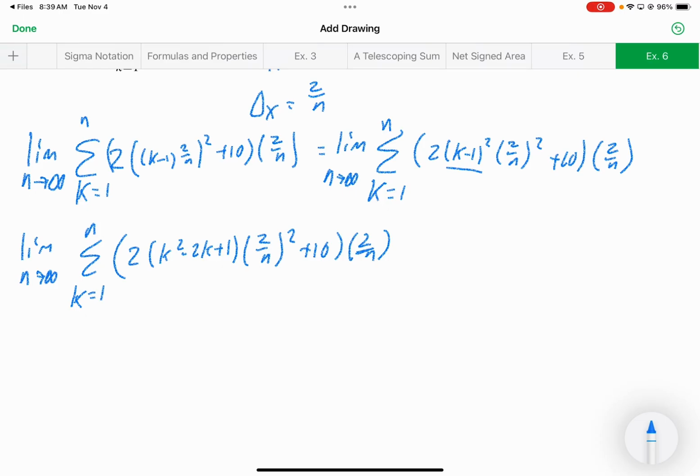But thinking about what we did in the last example, everything involving n we just tossed in front of our sum. I know this is going to get multiple sums at some point, so I'm just going to break it up by pulling these pieces out.